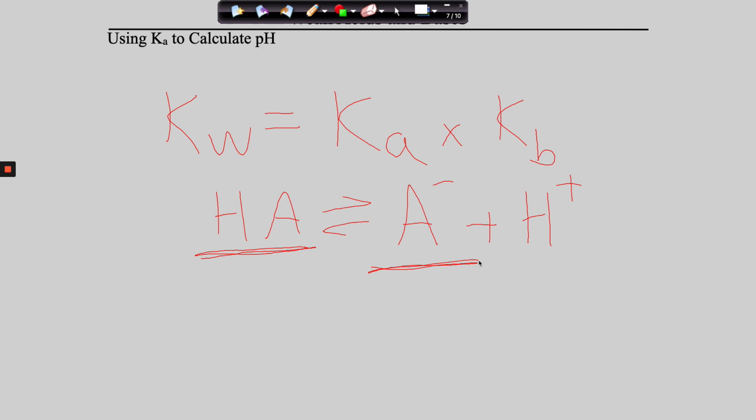Okay. Now, deep thought number 2. We can do calculations. You know how we did all the ice boxes for acids? Find the equilibrium expression for weak bases. Do you see it there?